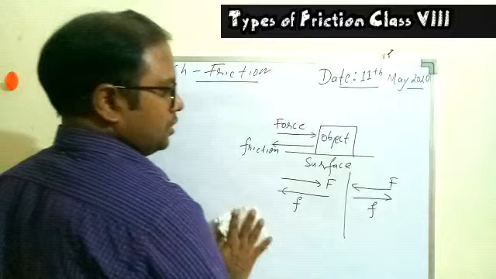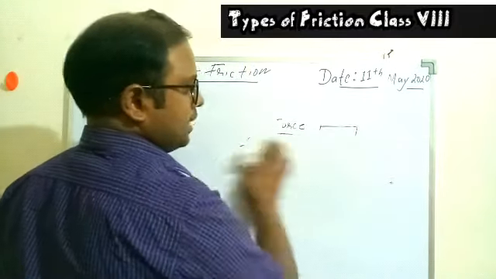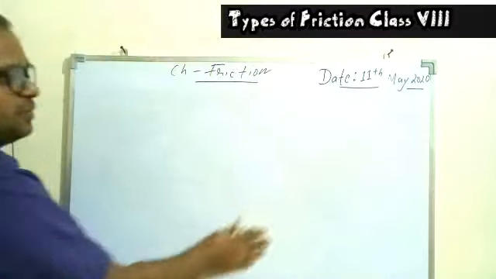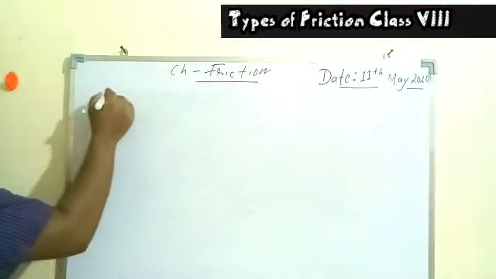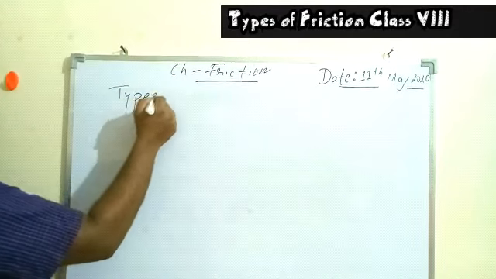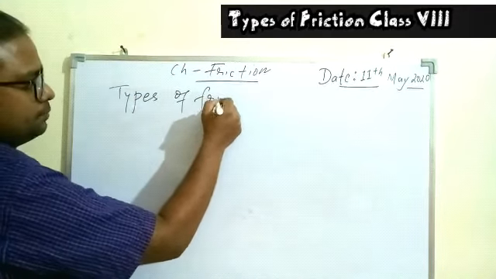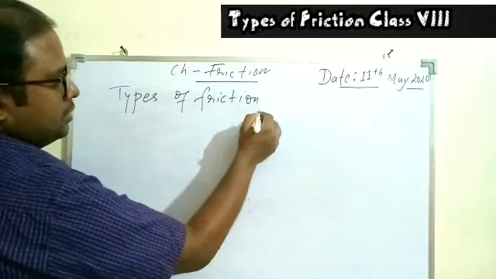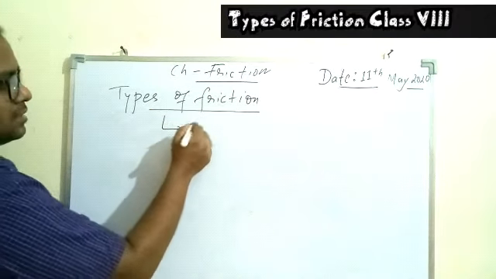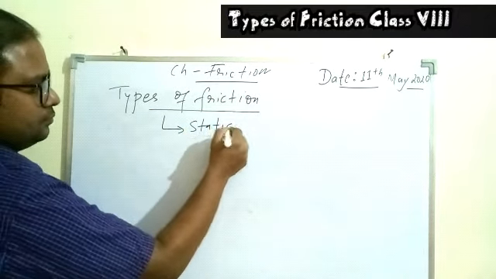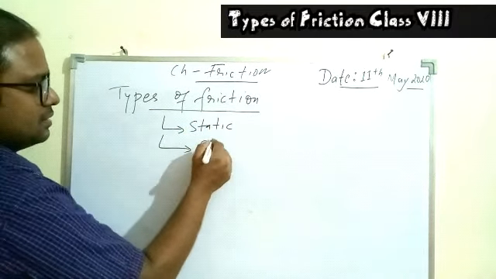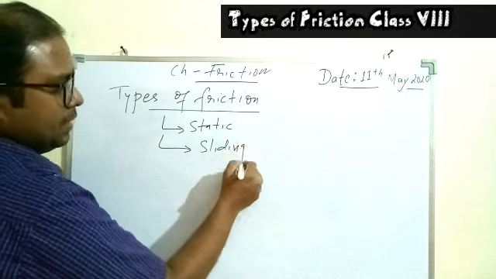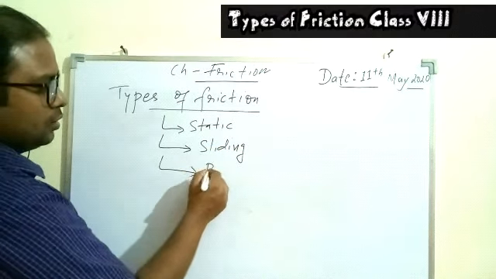Now today we are going to continue the topic, that is types of friction. In general we have three different types of friction. Very first we have static friction, then we have sliding friction, and we have rolling friction.